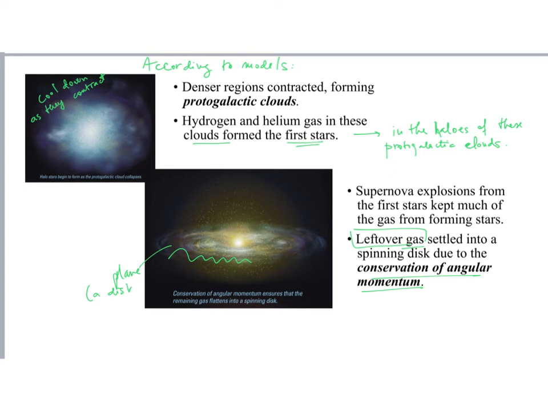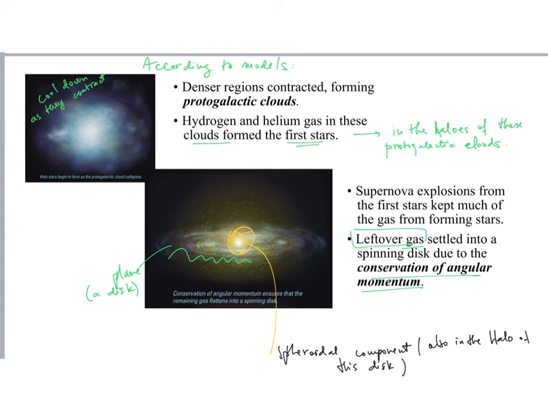Or a disk, right? And then you also end up with a spheroidal component. But remember, also in the halo of this disk as well, where the stars have more randomly oriented orbits, right?